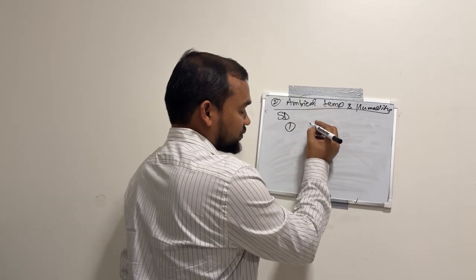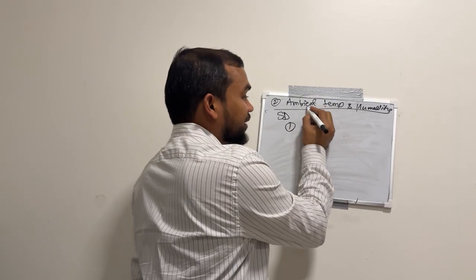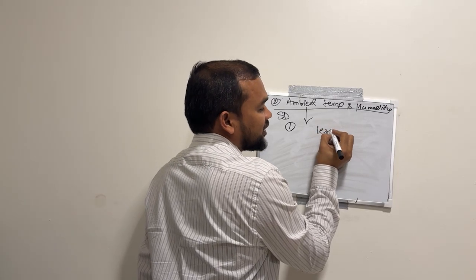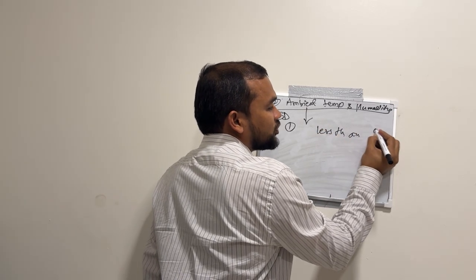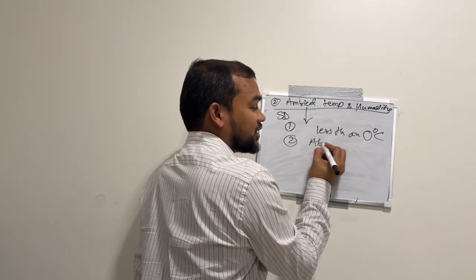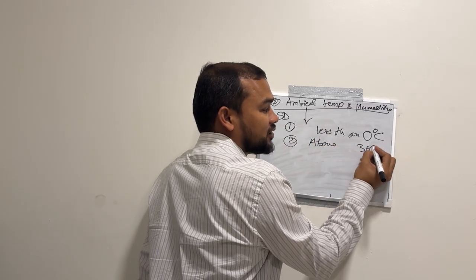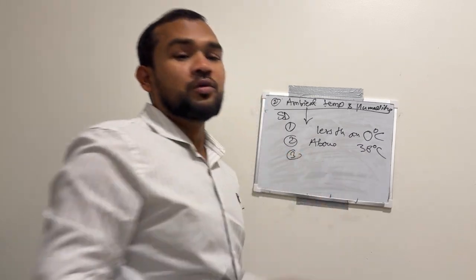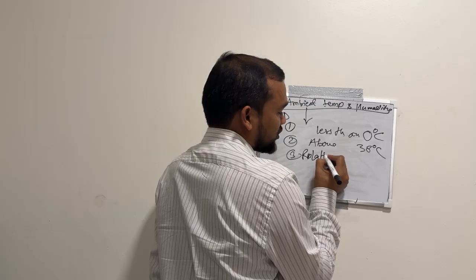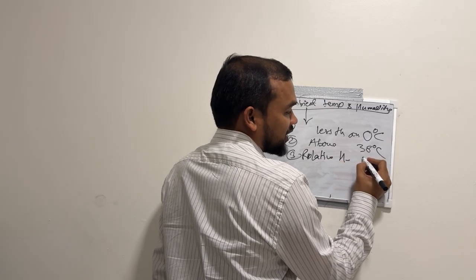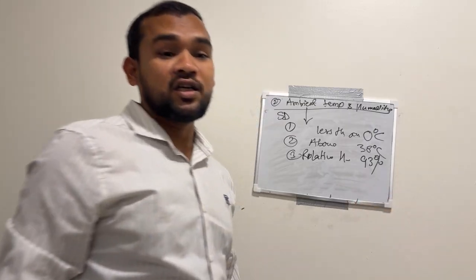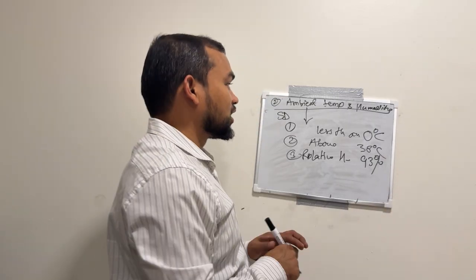If the ambient temperature is less than 0 degrees centigrade. Second condition, if the ambient temperature is above 38 degrees. Third condition, humidity, if the relative humidity is greater than 93 percent. So these are the conditions.